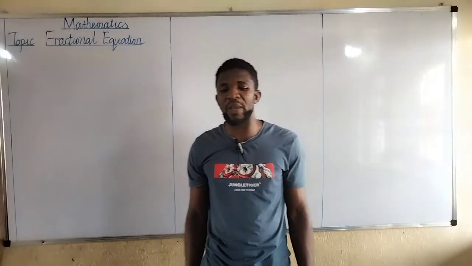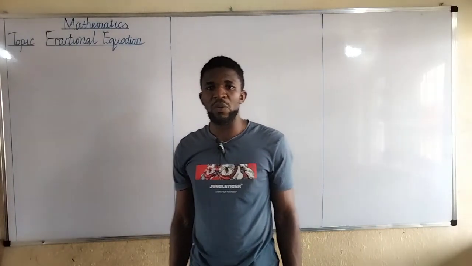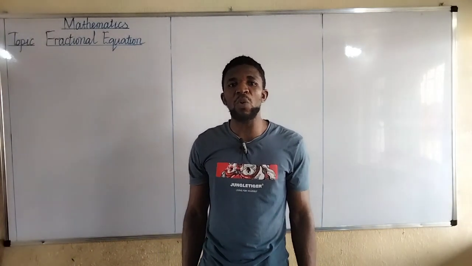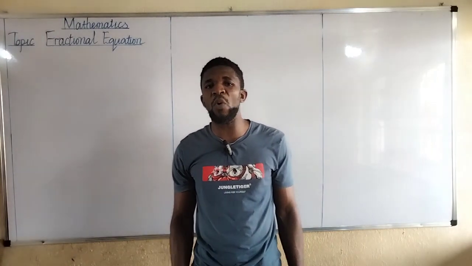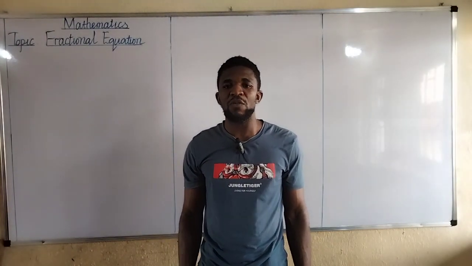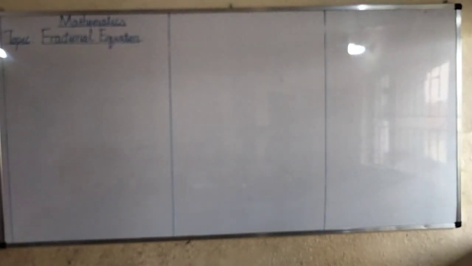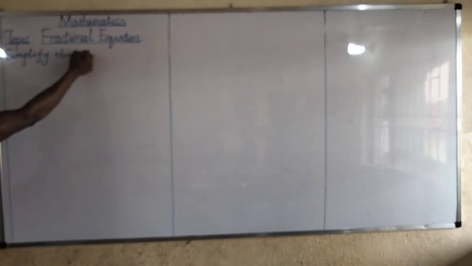To solve these problems, we shall be looking at some unique techniques, mostly using the LCM of the denominators. For example, we have to solve problems that go thus: simplify the following.